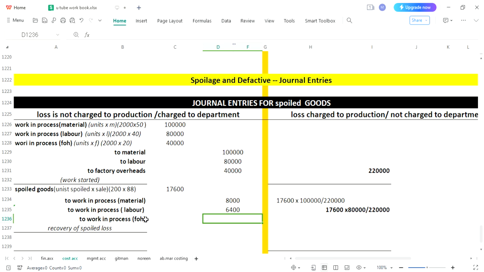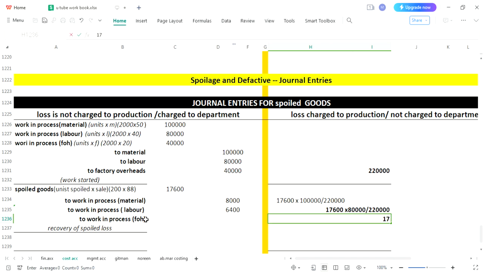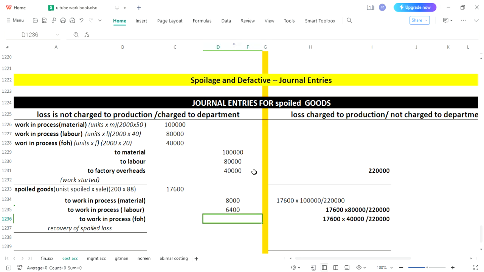So we will take first total 17,600 spoil total, and then you will multiply it with individual total of FOH, that was 40,000, and divided by grand total of material, labor, FOH, which is 220,000 grand total.